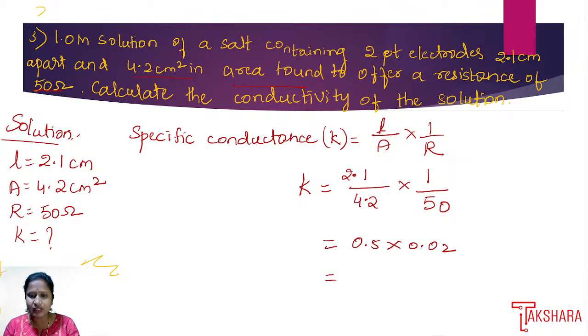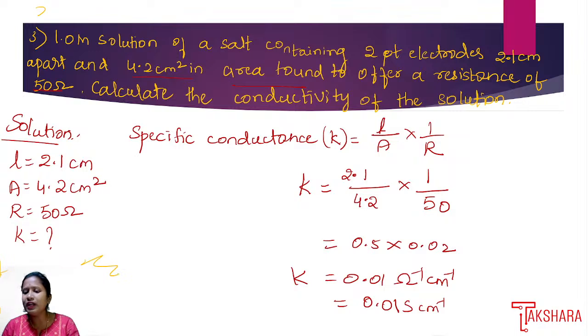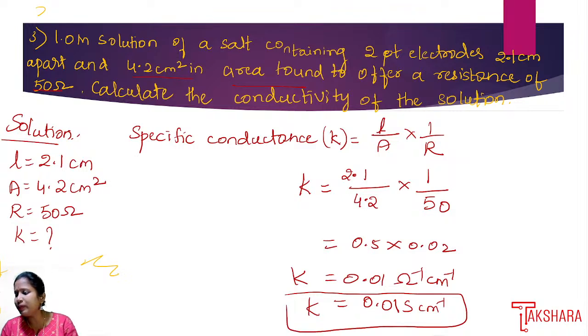So K is equals to 0.01 per ohm per centimeter, that is equals to 0.01 Siemens per centimeter. So this is the calculation of conductivity for the solution.